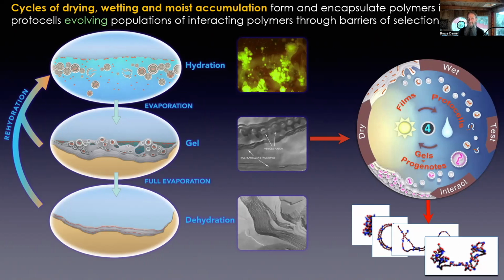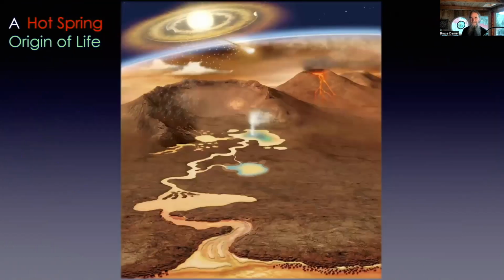So it's an engine to generate what Charles Darwin asked for, which was protein compounds or other polymers ready to undergo more complex changes. So perhaps Darwin's little warm pond is updated in the 21st century to a hot little cycling pool. So we'll put it all together: a hot spring origin of life.